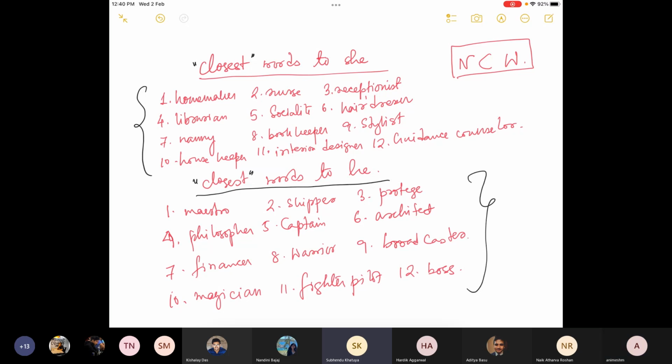The words that are closer to he are more leadership and power oriented. Excellent. Yeah. So many of them are related to the power figure. For instance, as she pointed out, maestro, captain, boss. So these have a lot of power connotations with it.